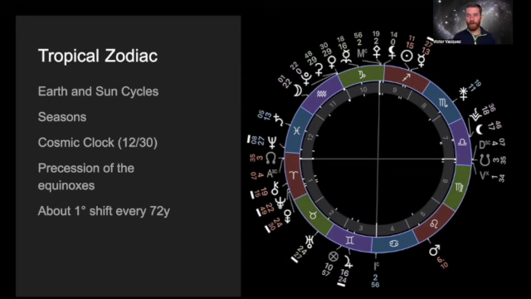Yeah, so this day of the equinox, when the sun is exactly aligned to the Earth's and the celestial equator, we have the beginning of the zodiac at 0 degrees of Aries, of the tropical zodiac.